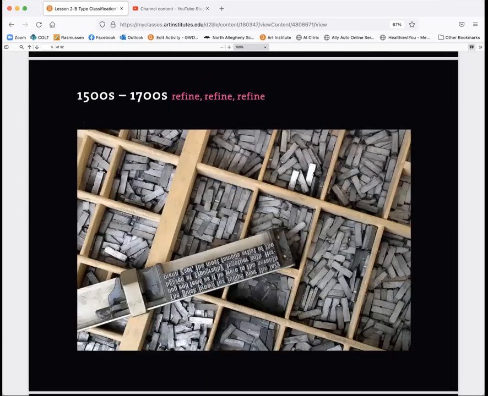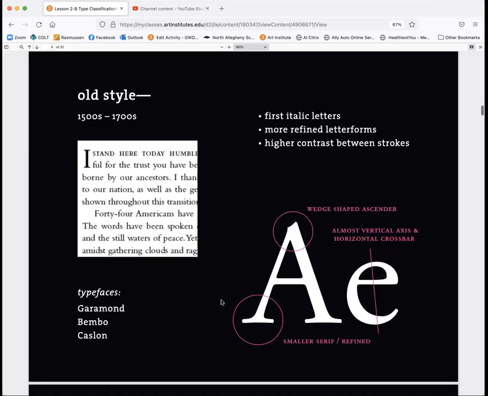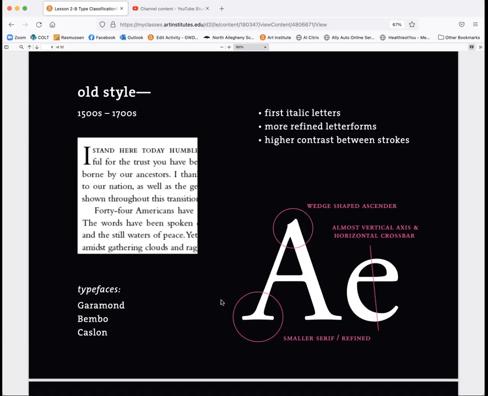In the 1500s to the 1700s, it was all about refining. As we go forward, the old style came about in the 1500s. The typefaces under this classification are typefaces such as Garamond, Bembo, and Caslon. They're the first italic letters in typography.